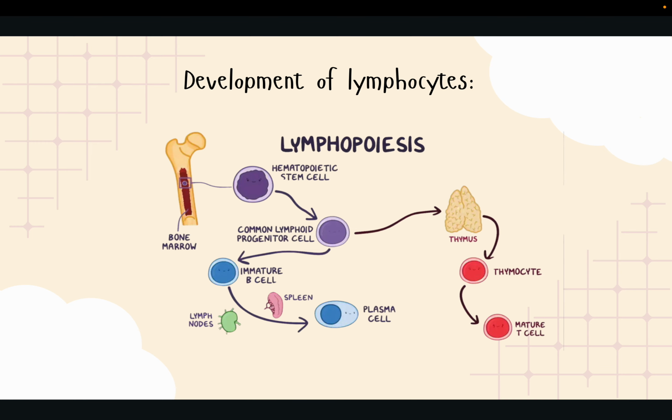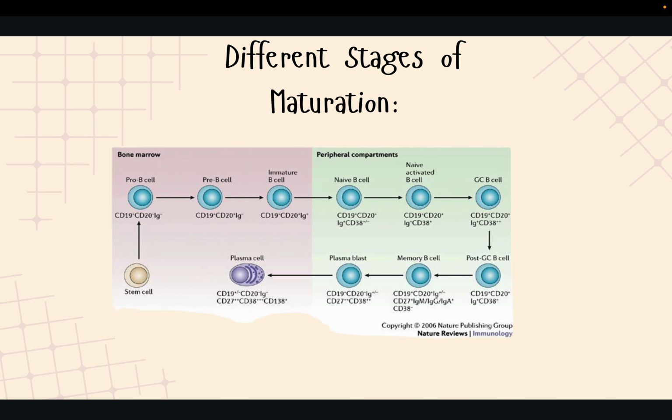What types of selections take place during different stages of maturation? There are two main types of selection that occur during the maturation process. These two are primarily positive and negative selections. In immunology, positive and negative selection are two crucial processes that occur during T cell development in the thymus. Positive selection ensures that T cells can recognize self-MHC molecules, which are essential for immune function.